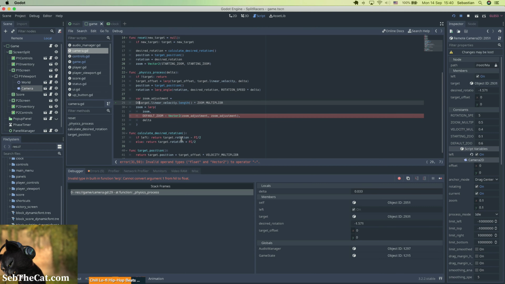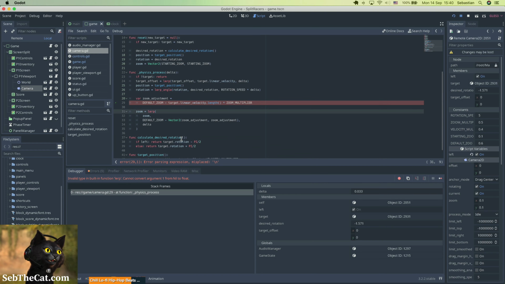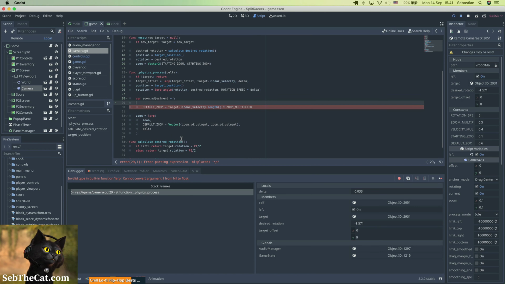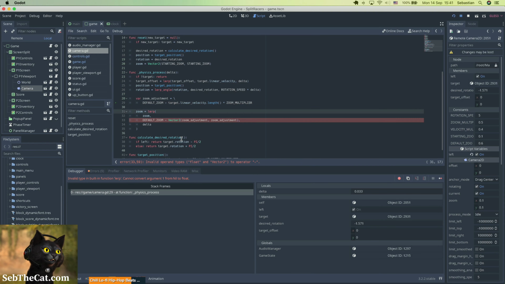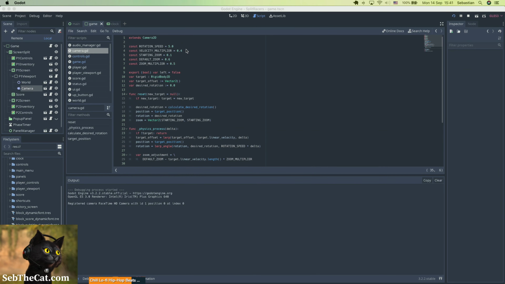Okay, so we can do the subtraction here before we create a vector 2 out of it. Default zoom, and then here we can just create a vector 2 out of the zoom adjustment. Let's see if that works.